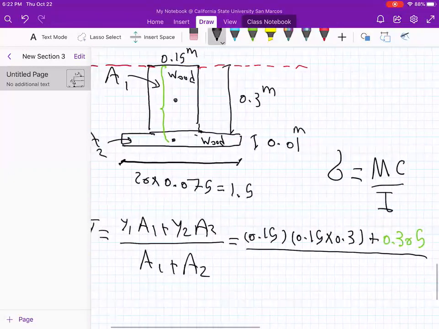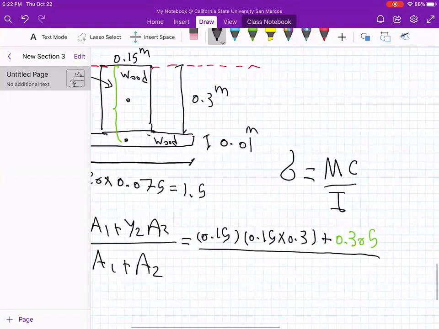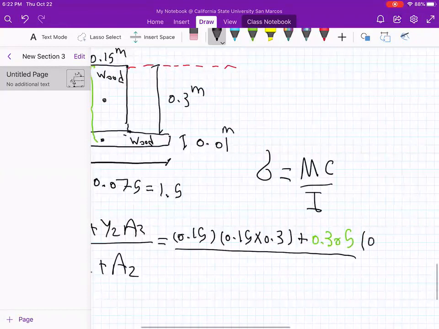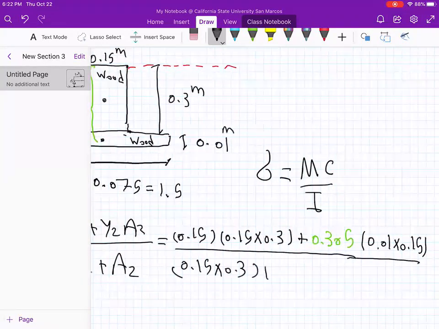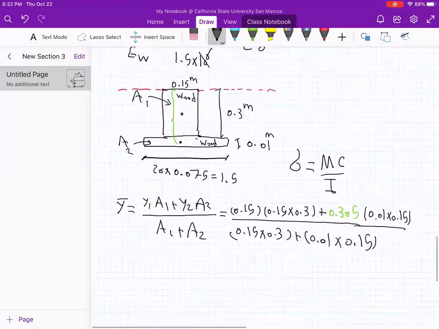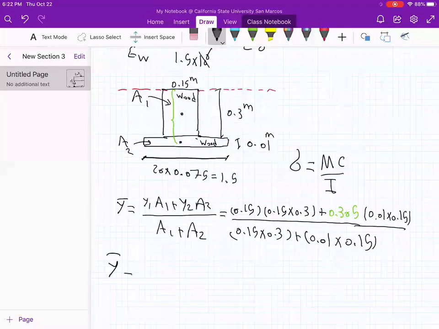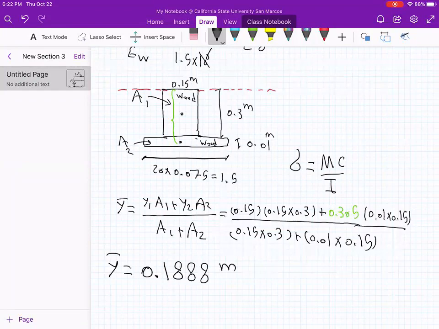What is the area of that, A2? 0.01 times 1.5. Yeah, thank you. A1 is, then let's copy from the numerator. And then we can find the Y bar if you use a calculator. Wasn't the bottom base 1.5? Say that again.